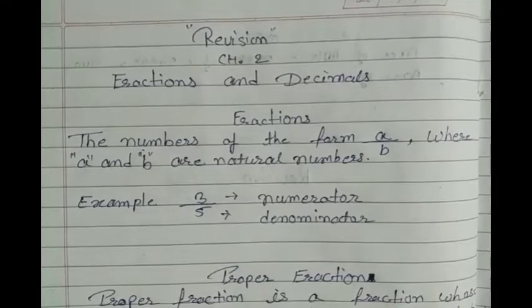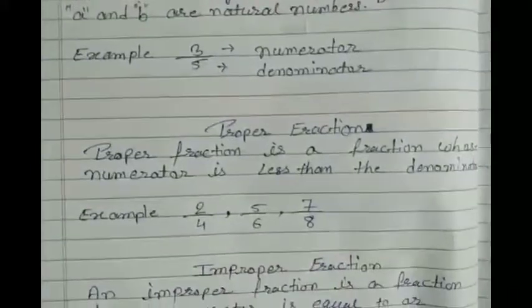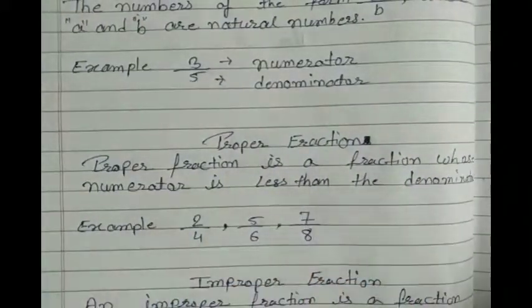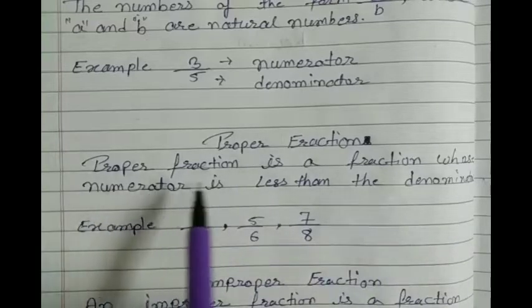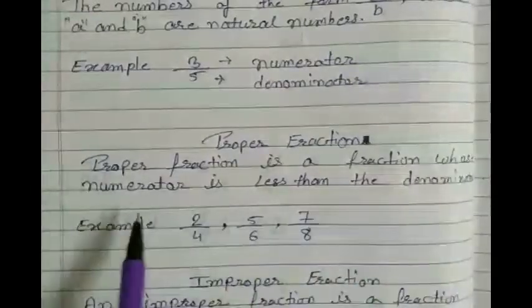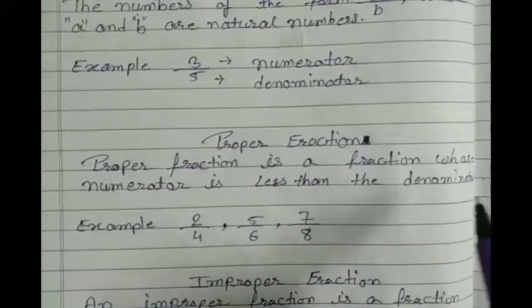So let's begin with the first type, the proper fraction. When we have to write the definition of a proper fraction, we can write that a proper fraction is a fraction whose numerator is less than the denominator. What does it mean?